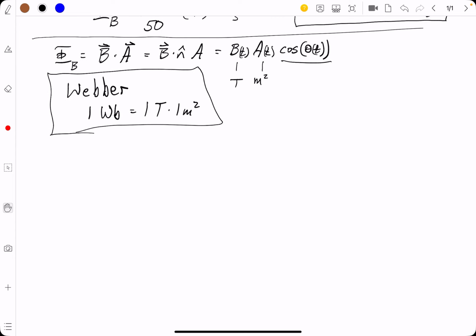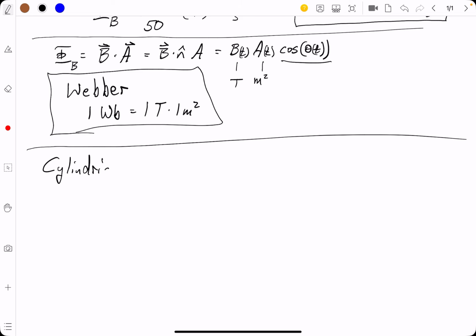Now, usually we see solenoids, all right? We see cylindrical solenoids. And that's why the inductor is drawn like this, because if you were to look at it from this point of view, you would see this thing with some current going in one side and current coming out the other side, right?